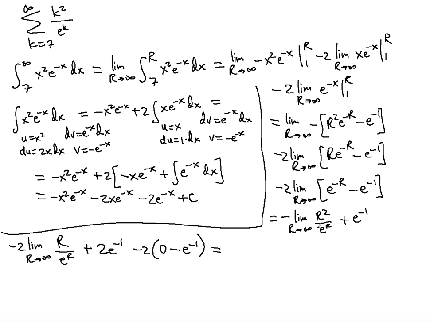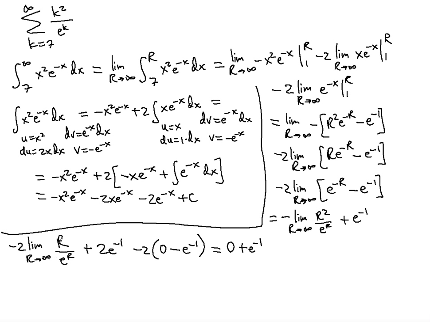Using L'Hôpital's rule twice, the denominator stays the same, because no matter how many times you take the derivative of e to the r, it is always e to the r. The numerator becomes 2r, and then 2. So inevitably you're talking about negative 2 over infinity, which is 0. So it's just 0 plus e to the negative 1.